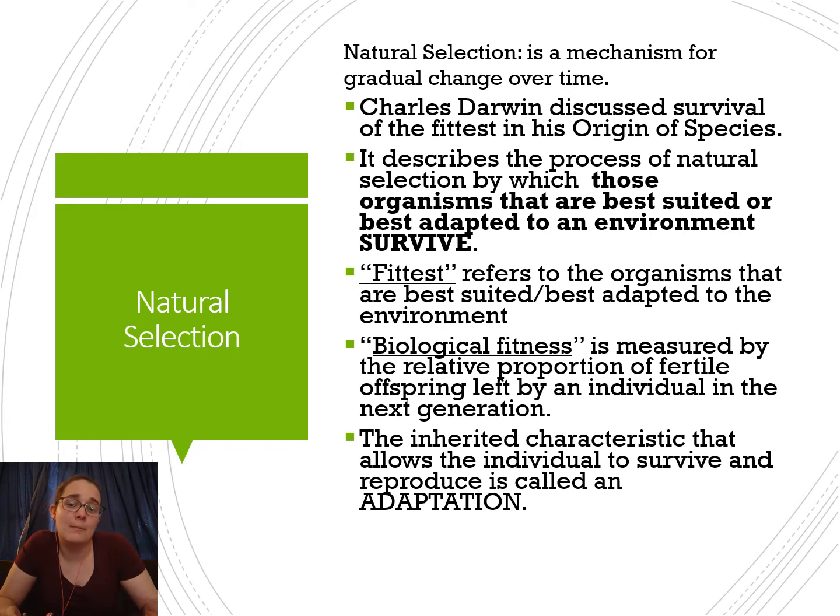It could be that their beak is pointy, so that they're better able to get bugs that live in trees. It could be that their claws are sharper, so they're able to hold on to things better. It's which characteristics are best adapted to the environment in which you find that particular organism. Biological fitness is a measure of the relative proportion of the fertile offspring that's left by an individual in the next generation.